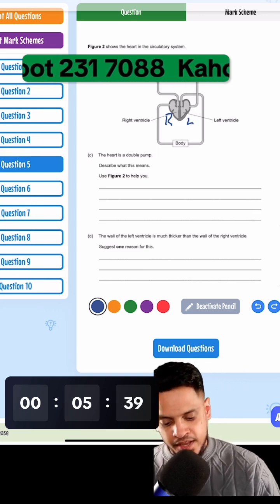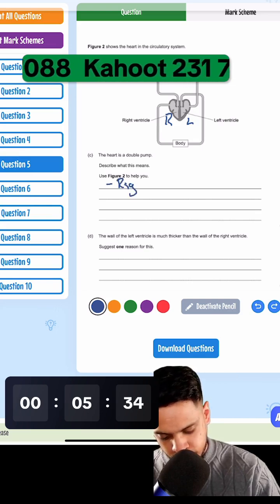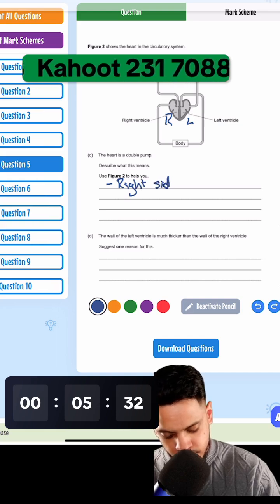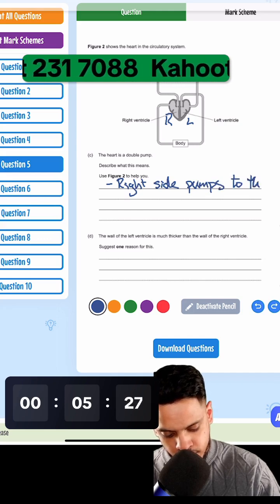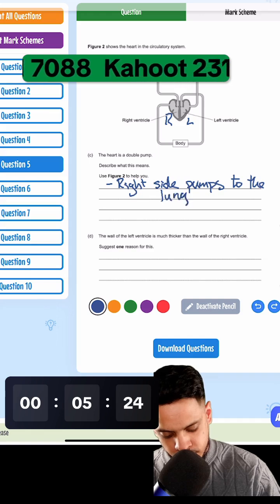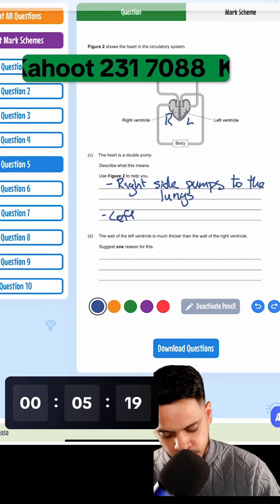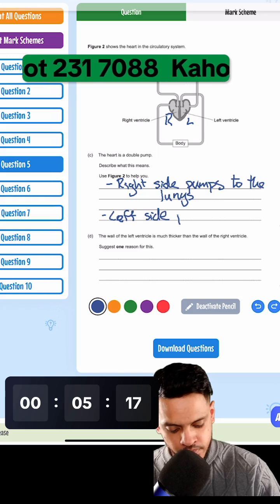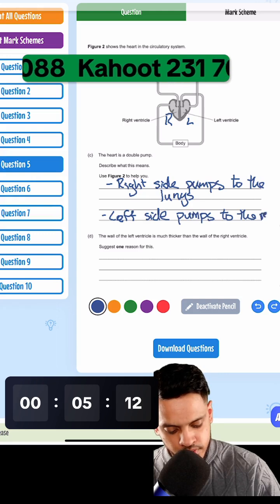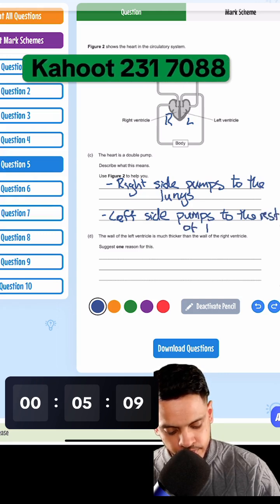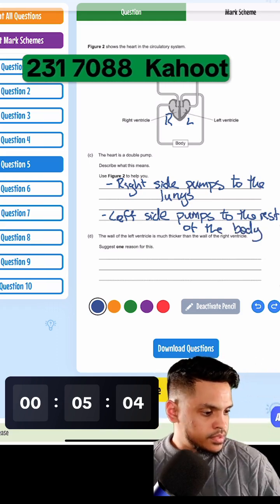You can say the right side pumps to the lungs for 1 point, and the left side pumps to the rest of the body. So it's essentially two different circuits. Yeah, thank you.